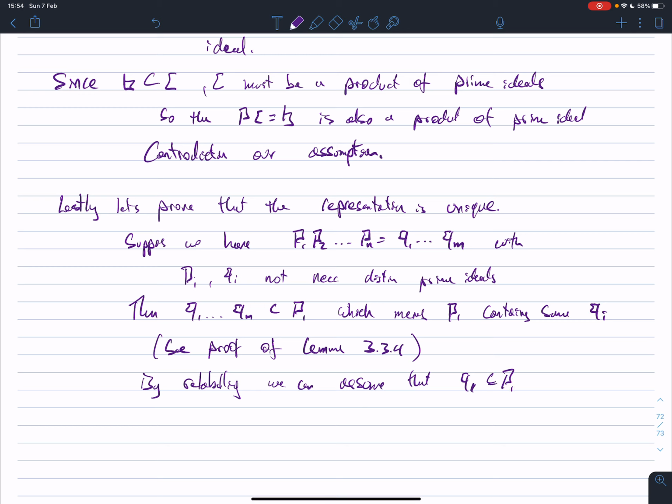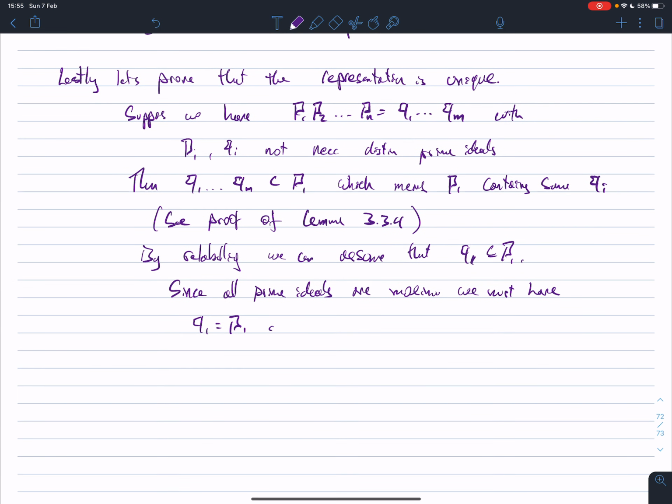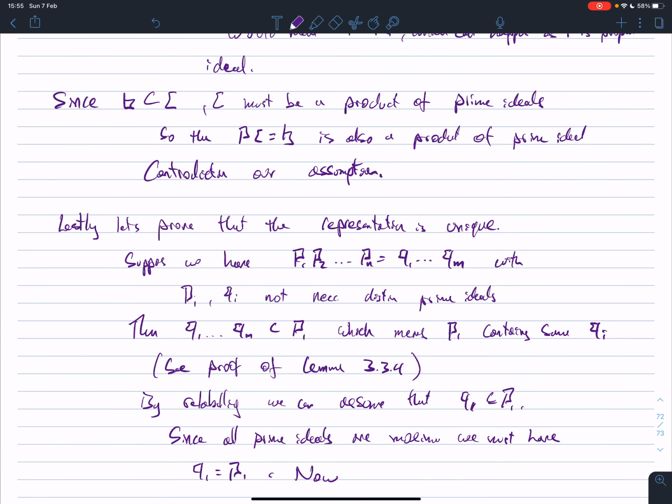But now these are two prime ideals, and in the Dedekind domain, all prime ideals are maximal. So we can't have a containment of non-trivial maximal ideals, so they must be the same. Since all prime ideals are maximal, we must have Q1 equals P1.